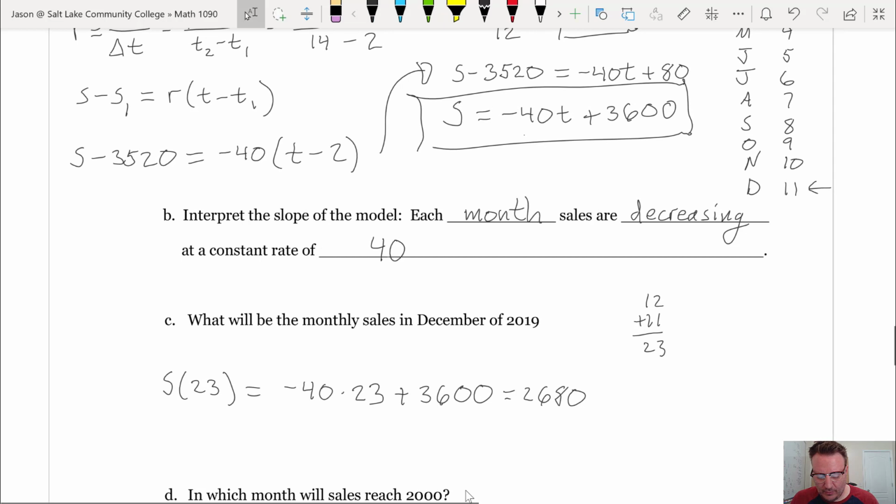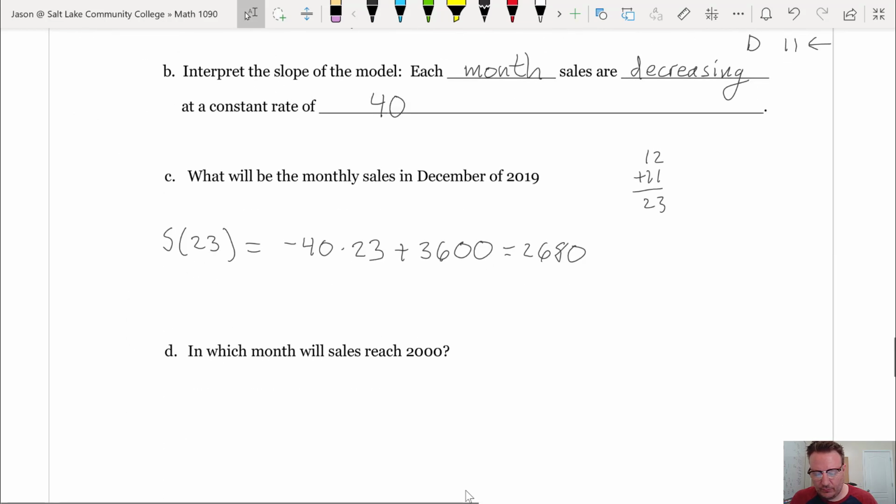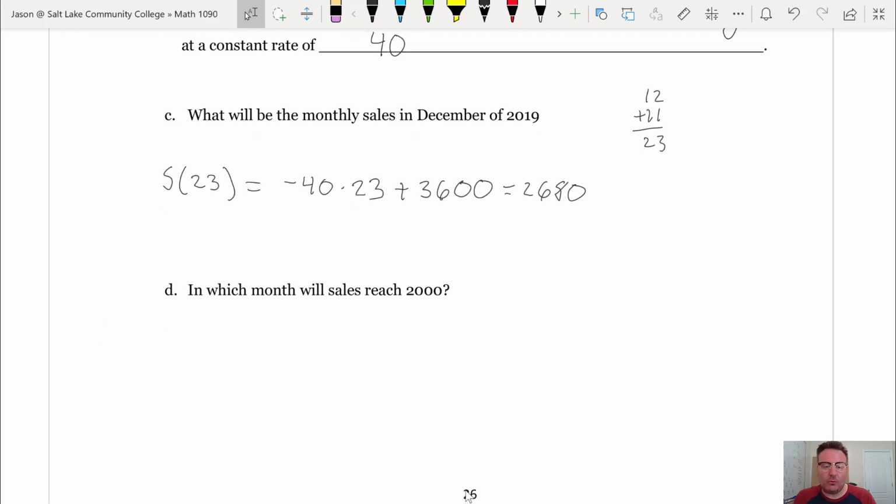Okay, in which month will sales reach 2,000? So I know the output. I want to get the input value. In other words, I want to set my function equal to the output value and solve for time.